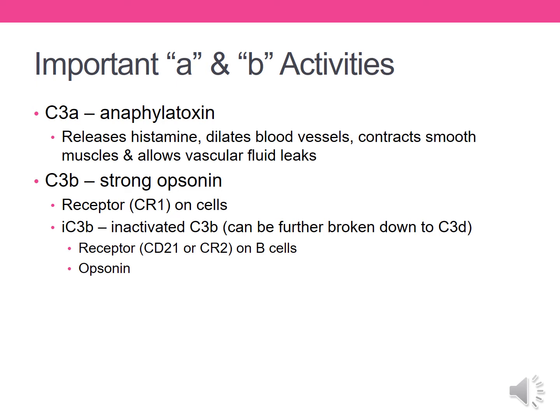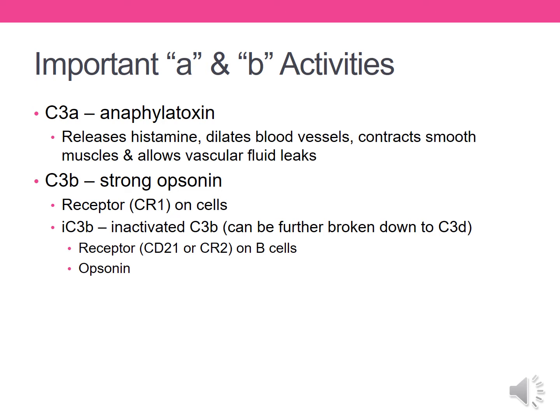And there is actually an inactivated C3b form. This is iC3b. Now, factor I inactivates C3b, and this is how we get the iC3b. We'll discuss this later as well. iC3b is also an opsonin.